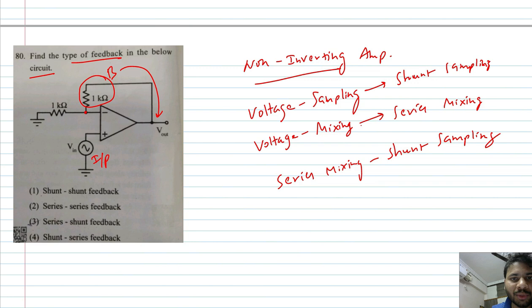So we just drop the two words mixing and sampling and we simply call it series shunt, which is option C. So in a non-inverting amplifier, we have series shunt type of feedback.